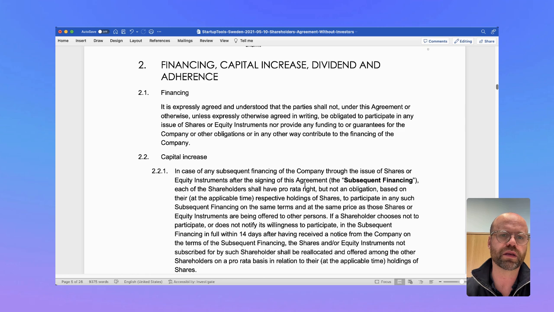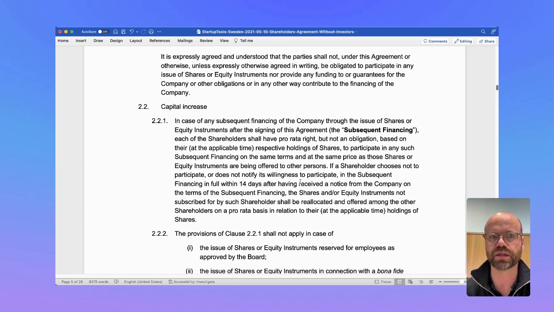This is basically putting in writing what the shareholders agree should be the way forward when it comes to financing this company. So we're writing out here that if, for instance, we are issuing new shares, everyone will have the right to participate with at least the same percentage as they are currently owning.